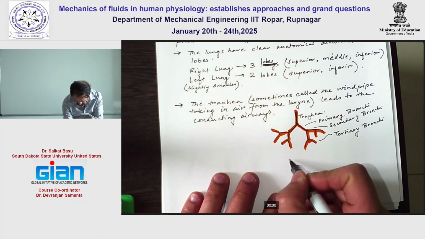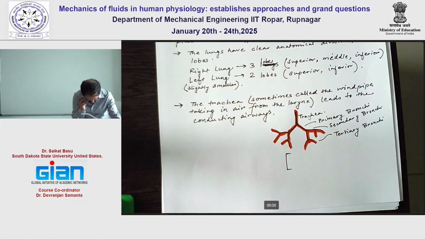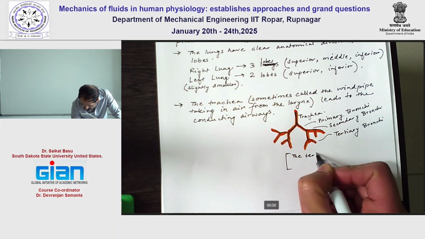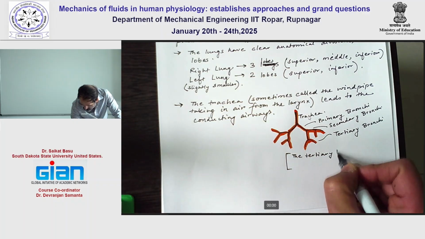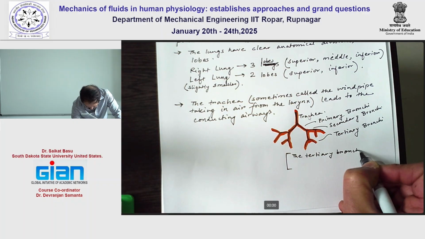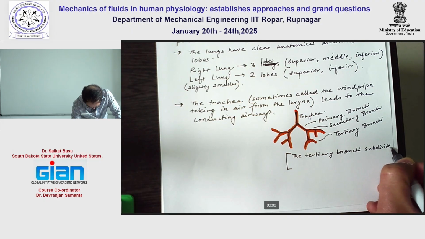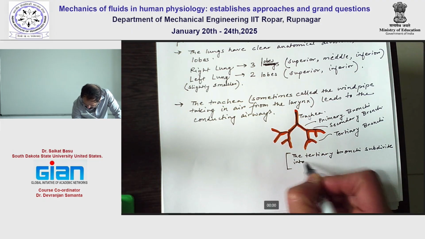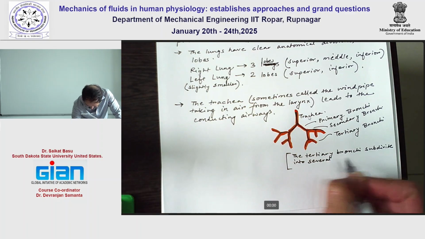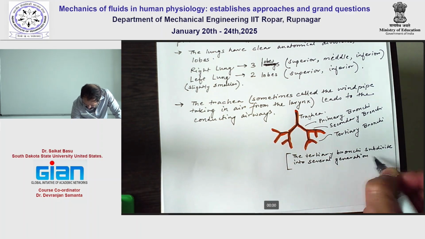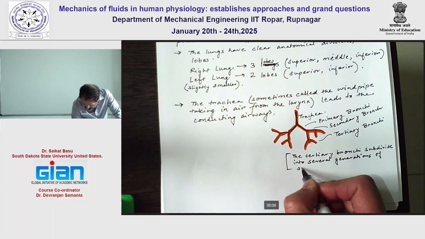Now, from here, let me write down the definitions first. The tertiary bronchi would subdivide into several generations of smaller bronchioles.